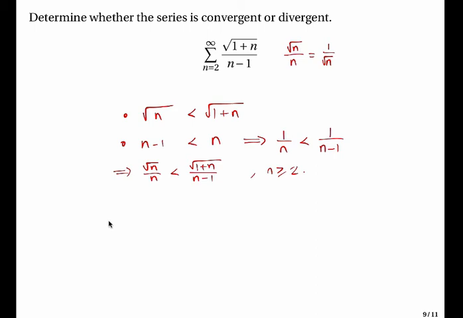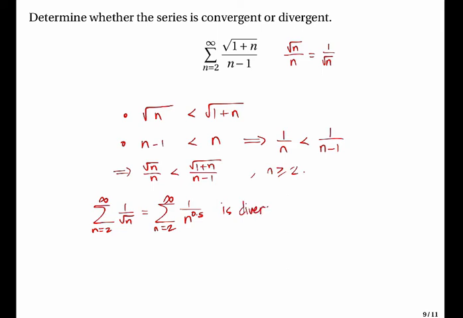So, we now have that square root of n over n, or 1 over square root of n, is less than this guy. And we know that this 1 over square root of n, or 1 over n raised to 0.5, with n from 2 to plus infinity, is divergent.